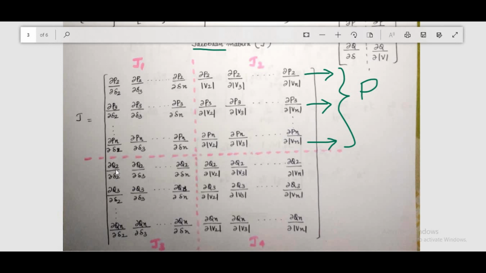So likewise, we'll be differentiating each Q2 with respect to each variable delta 2, delta 3 up to delta n, V2, V3, etc. up to Vn, like that. And likewise we have reached our last reactive power Qn, and our last element will be Qn with respect to Vn.